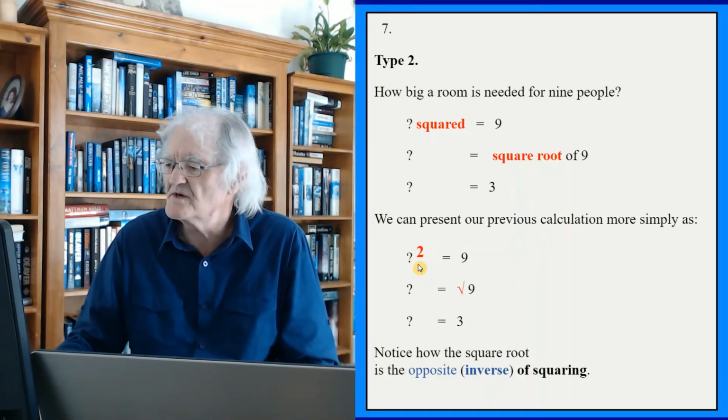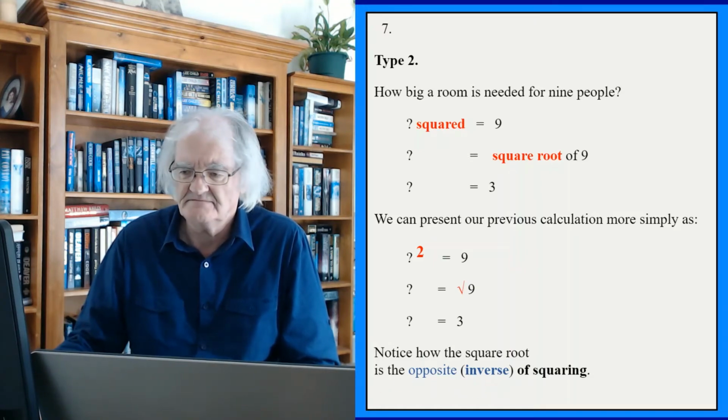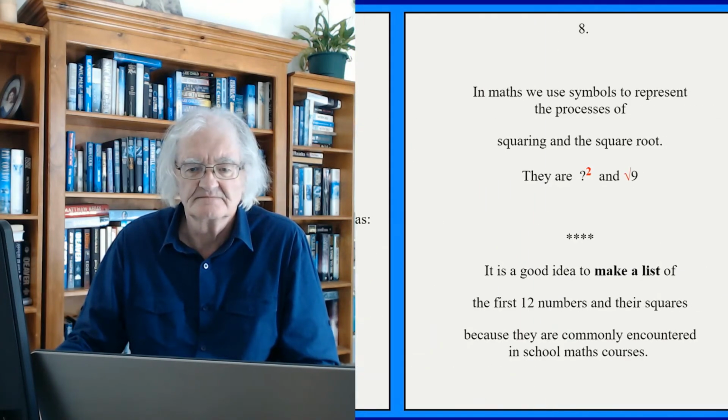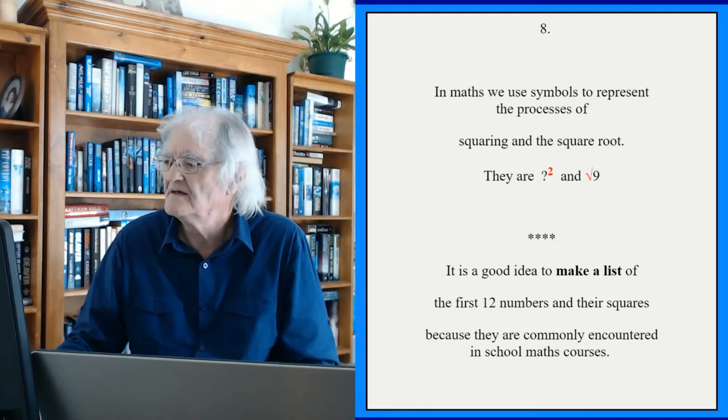This is called squaring. This is the square root. So notice how the square root is the opposite or inverse of squaring. In maths, we use symbols to represent the processes of squaring and the square root.